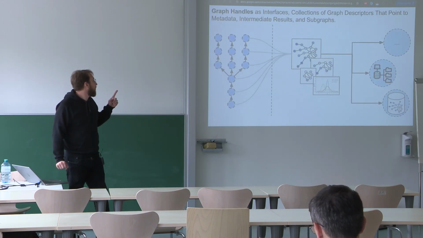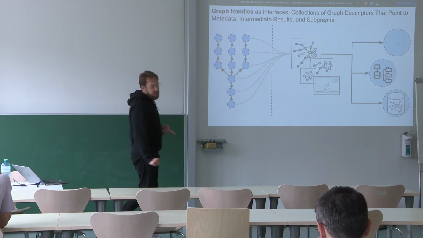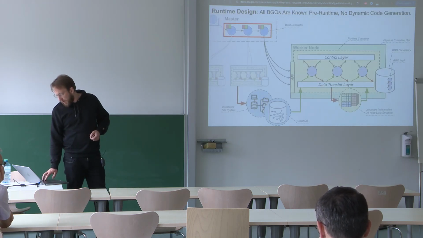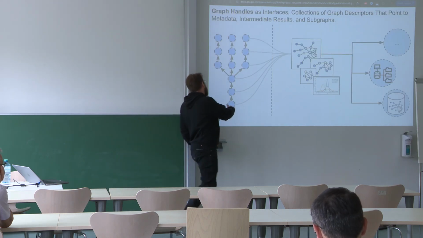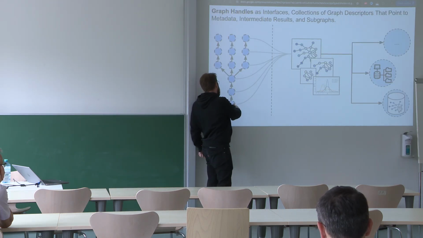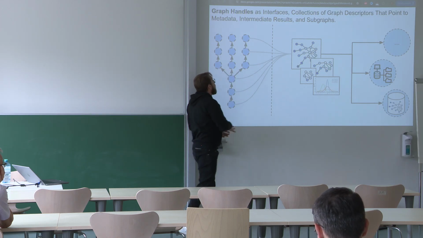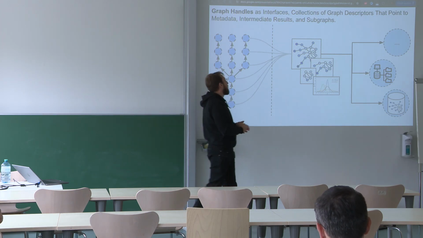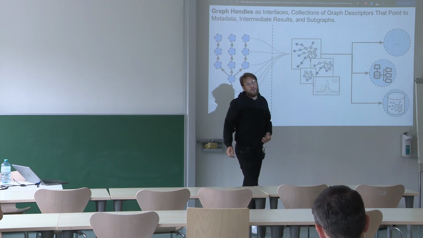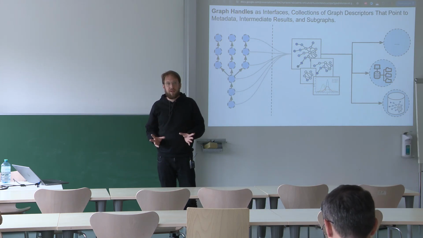And there's one more concept we just discussed, and that's a graph handle. So somehow, when we start to execute these BGOs coordinated by the core graph or master node, we need a handle to not only the main graph, because we don't know, it's part of a file system, it's a query for a database.